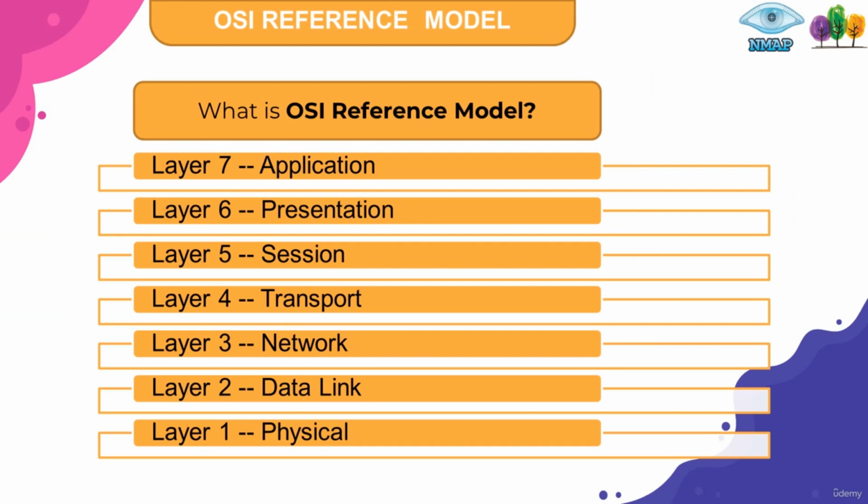If you haven't ever encountered it before, the OSI, or Open Systems Interconnection, is a model that was developed in 1984 by ISO, which is the International Organization for Standardization.